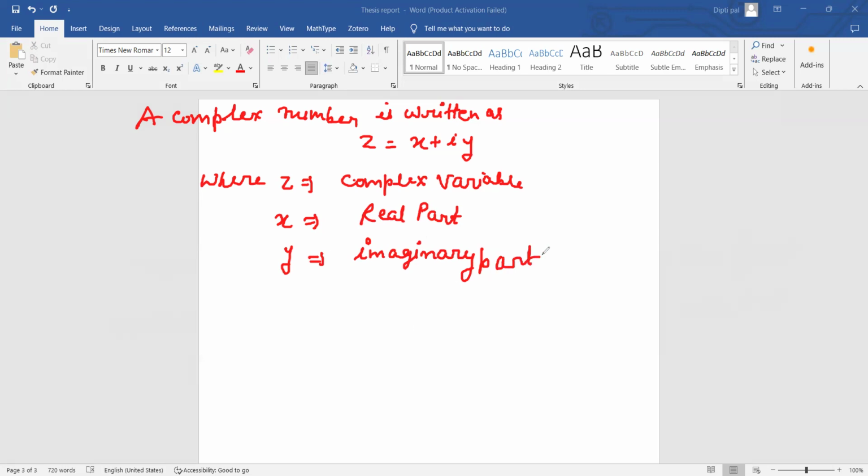Okay. If x is 0, then it means z equals iota y. Then z is called purely imaginary.